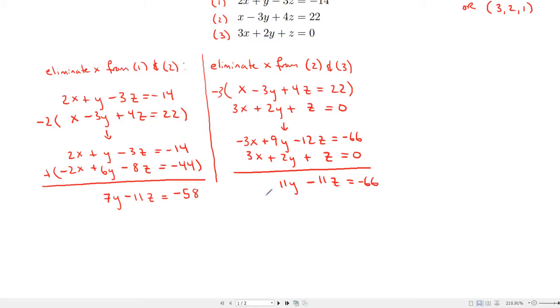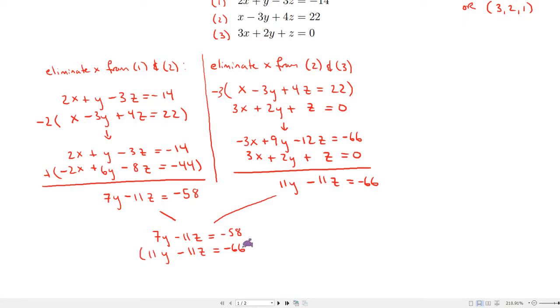So what could we do there? Well, sort of looking at these together, we have 7y minus 11z is equal to minus 58, and 11y minus 11z is equal to negative 66. Well, it looks like it might be easier to eliminate the z, because all we have to do is actually kind of negate this.